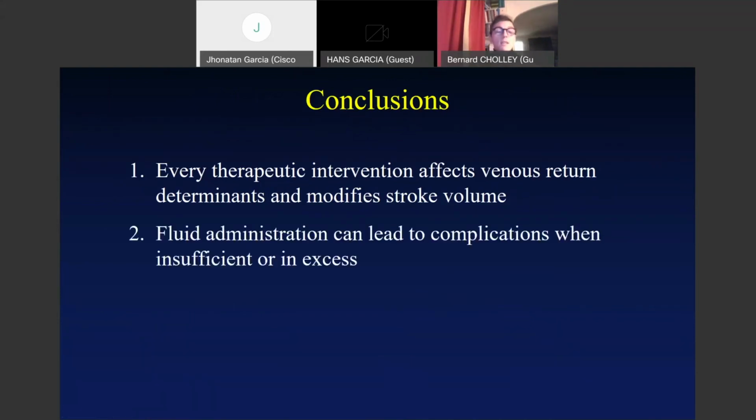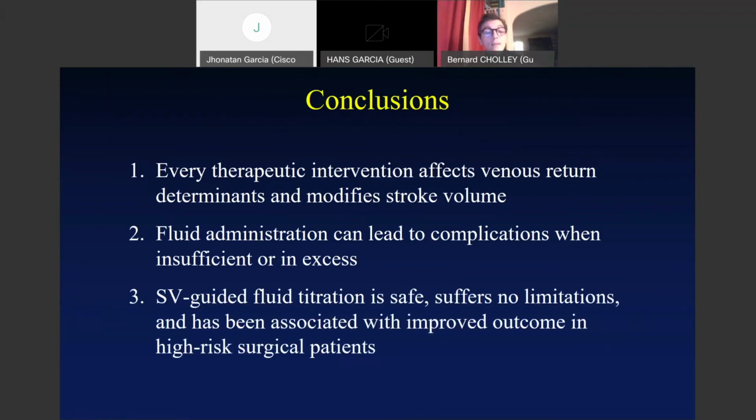Very importantly, because it's probably the thing that we do the most often, fluid administration can lead to complication when insufficient or in excess. And it is now well demonstrated that stroke volume guided fluid titration is safe, suffers no limitation, and has been associated with improved outcome in high-risk surgical patients.